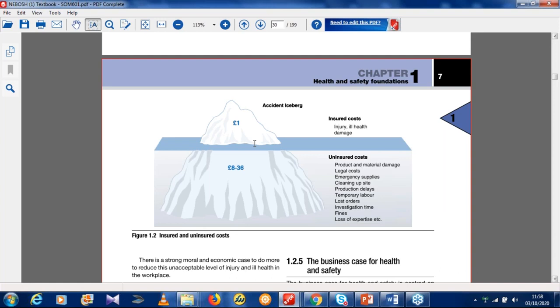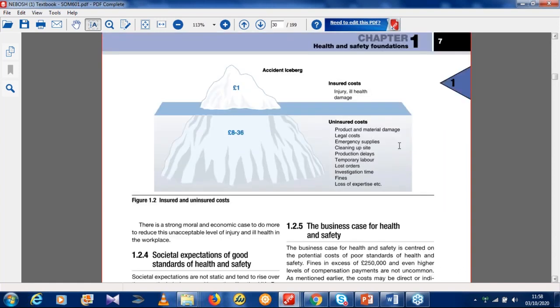That's where we get the phrase, a tip of the iceberg. When you hear that, it is an illustration of uninsured and insured costs. What can be insured among the direct and indirect costs is just a tip of the iceberg, as you can see on this screen right now. I believe you can all see my screen.